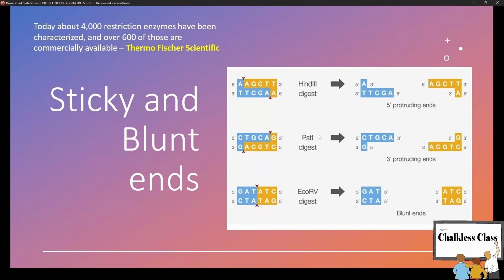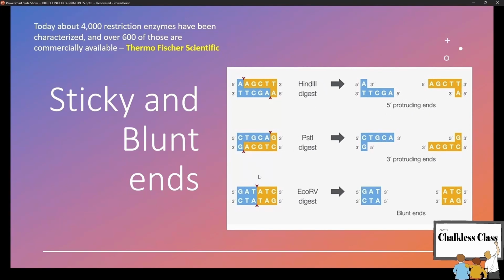In the same way, let us take one more enzyme, PstI. This PstI cuts the DNA molecule in between G and A, and it also leaves protruding ends. So thus, the sticky ends or cohesive ends are produced. And one more enzyme, let us take, which is obtained from Escherichia coli, R strain, EcoRV.